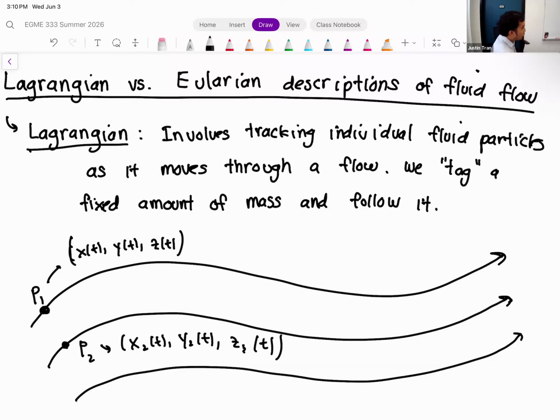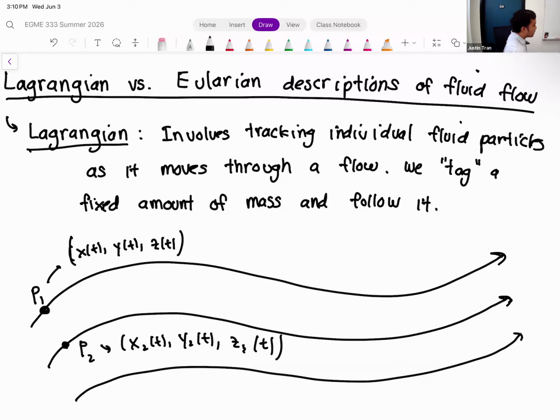Now you can see the Lagrangian description is generally not that efficient, because a fluid flow consists of lots and lots of particles, not just two. Usually there are dozens or hundreds of particles. So typically this is not the standard way we describe fluid flow, although it does have its applications.